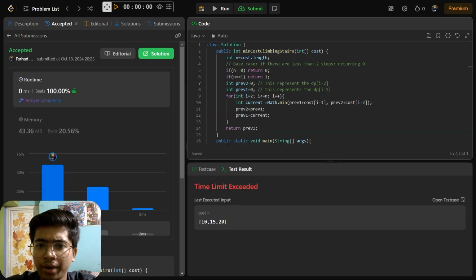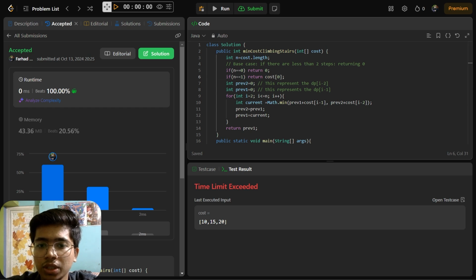Okay, so I thought about it and optimized the code. First, we found the number of steps, and then we found the base cases: if n equals 0, we return 0, and if n equals 1, we return the cost of 0.